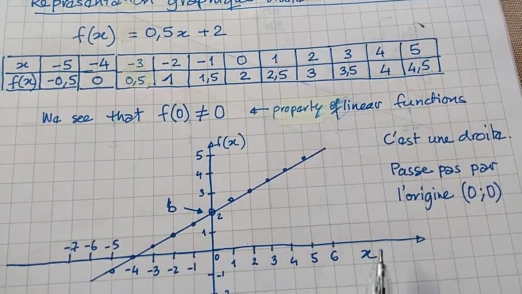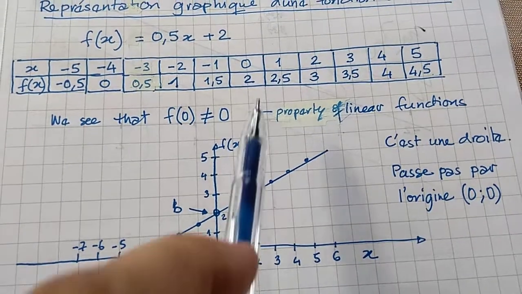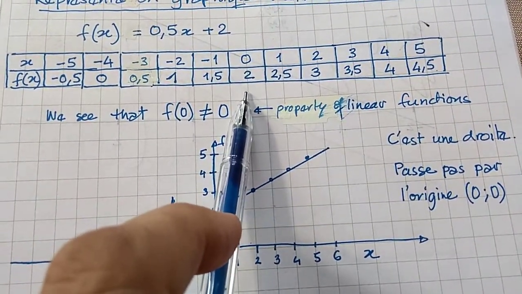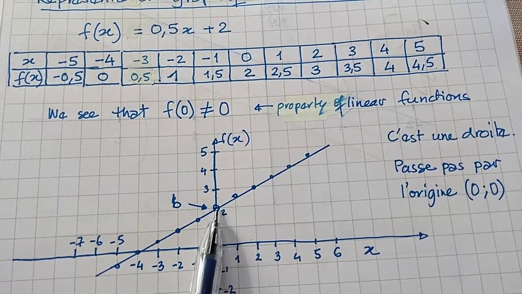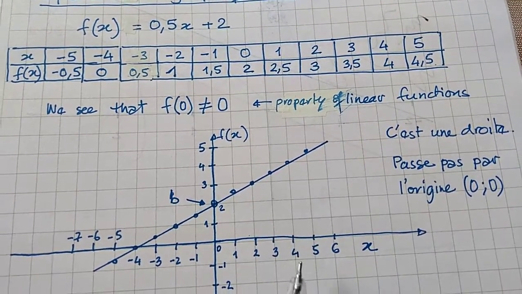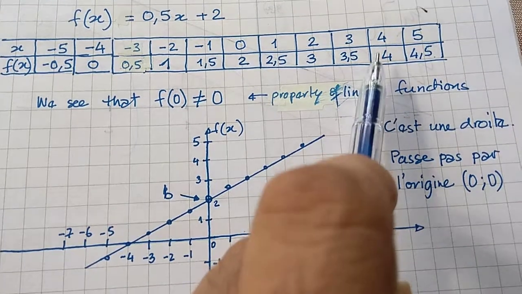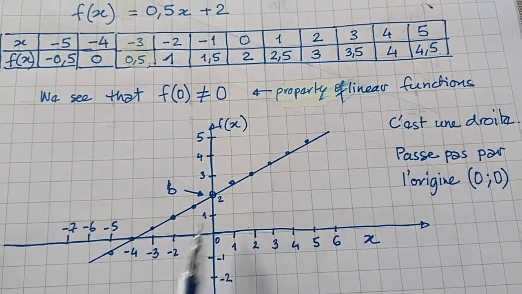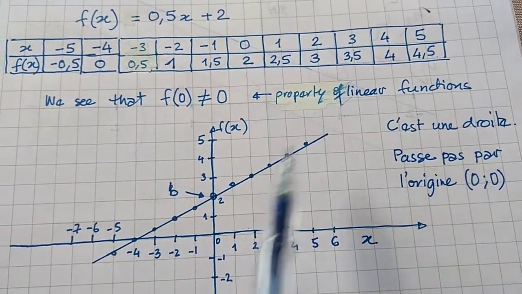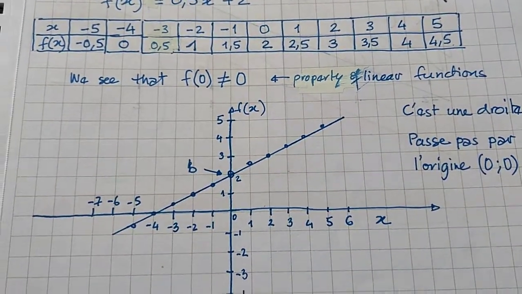This is not passing through there, because when x is 0, f of x is 2. So it passes through there. Correct? And if we plot the other points, you will get a straight line which looks like this.